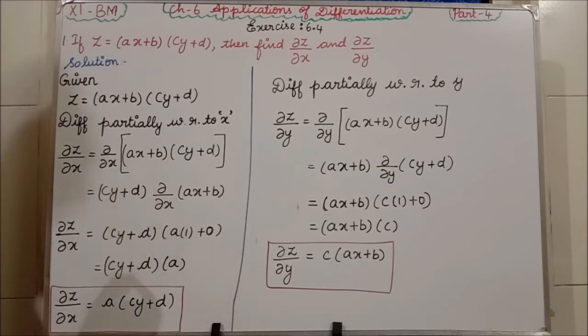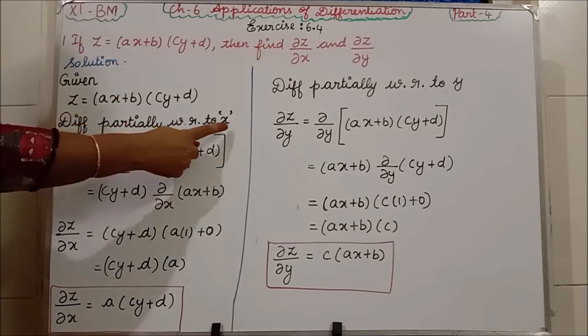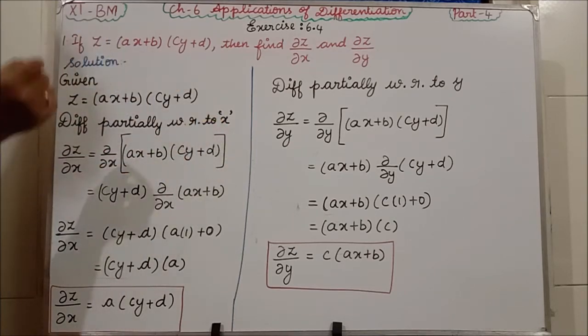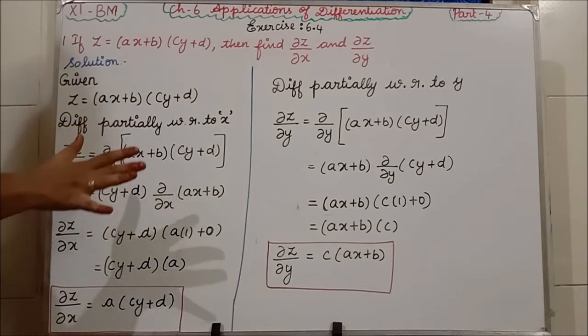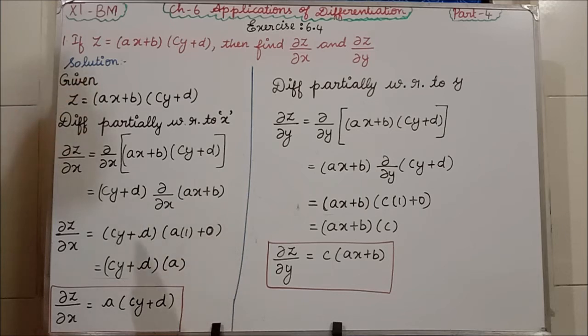When you are differentiating partially with respect to x, how do we write? Dou z by dou x you have to write. Clear? So I am differentiating with respect to x. So what do I have to do? I am keeping the x as such, which means I am differentiating the x and I am keeping the y term constant. Clear? Now we'll start.